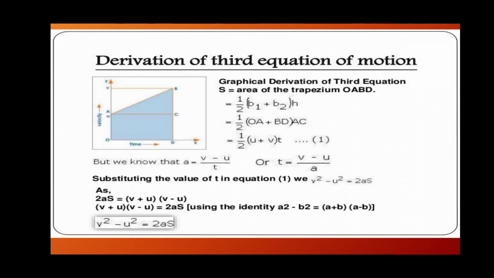But we know that a is equal to (v minus u) by t, or t is equal to (v minus u) by a. Substituting the value of t in equation 1, we get v square minus u square is equal to 2as, as 2as is equal to (v plus u) into (v minus u). So, v square minus u square is equal to 2as.